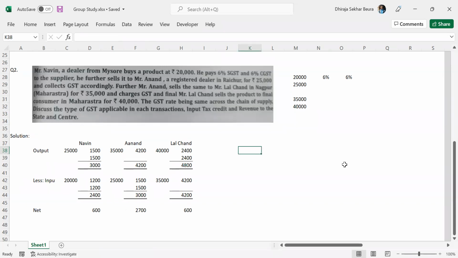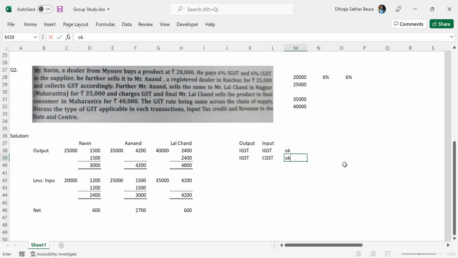So when we have IGST, suppose we make a small table of output and then input. Suppose output is IGST, input is IGST. Okay, we can adjust. Suppose output is IGST, input is CGST.